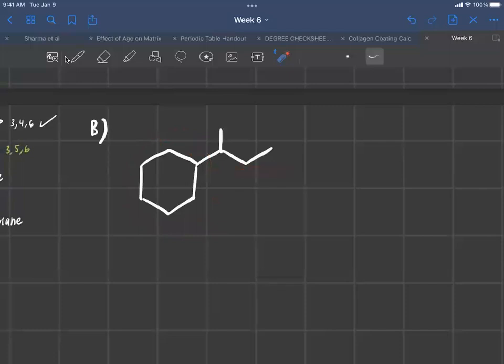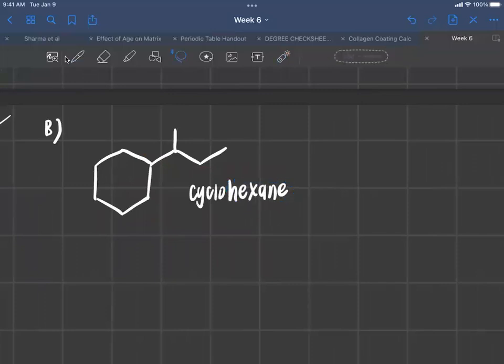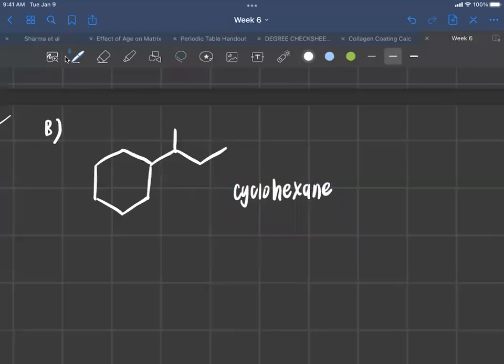So again, we have 6 carbons. So that's going to have the prefix of hex, H-E-X. We're dealing with an alkane, so we have a suffix of A-N-E. We have the alkane being in a ring, so we have to add the cyclo part. So we have a cyclohexane as our parent chain.